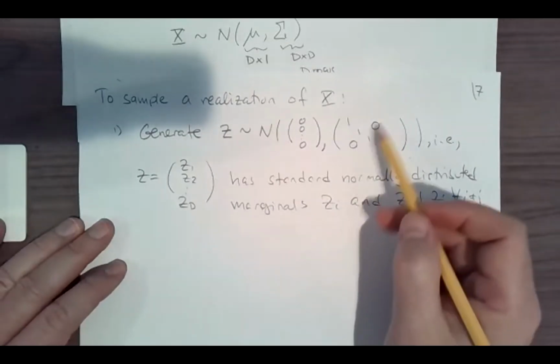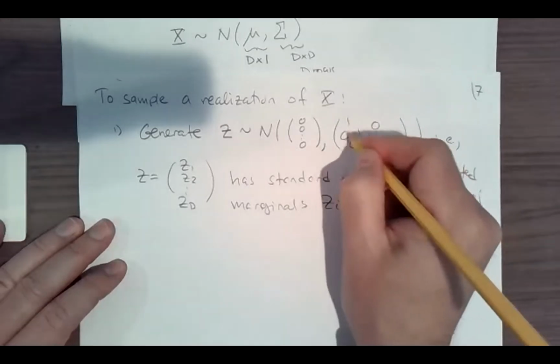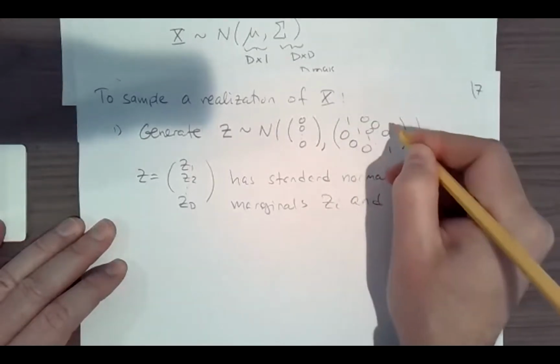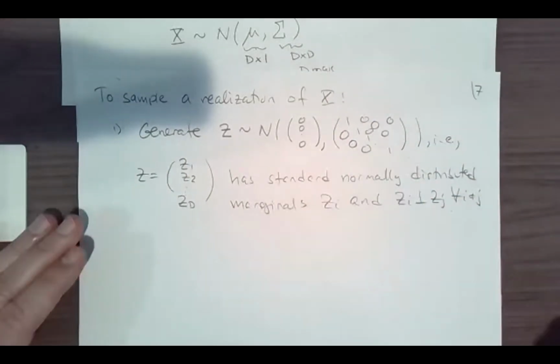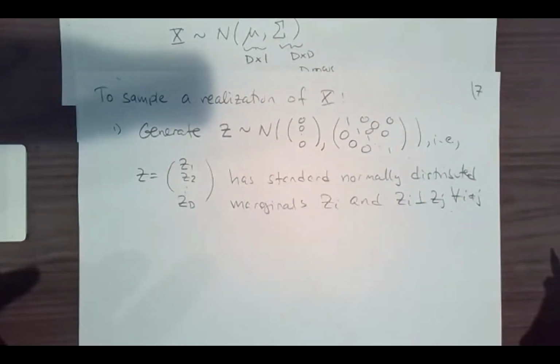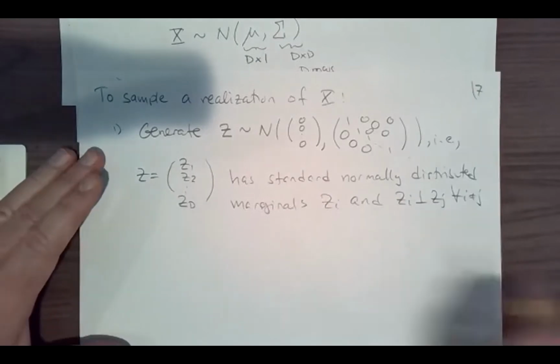So the off-diagonal elements are all equal to 0. Off the diagonal, you have 0 everywhere. On the diagonal, you have 1s. There's no mean.